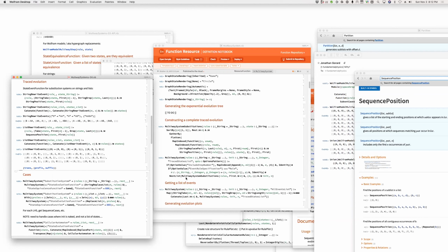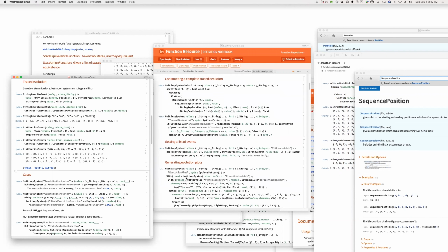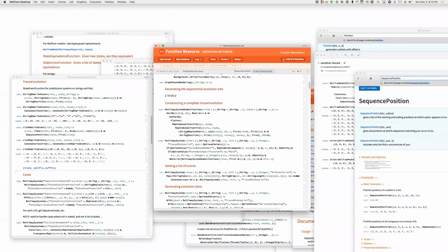Although it's not obvious that traced states list is actually a thing we care about. Let's see where traced states list is used. Okay, so what does trace states list return right now?